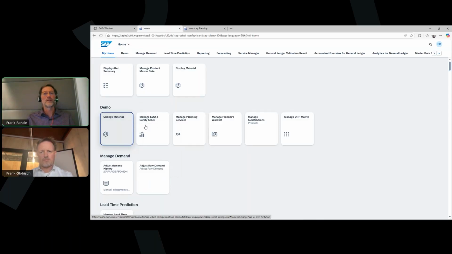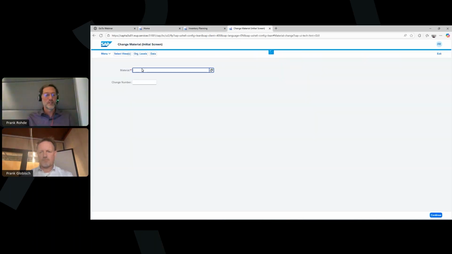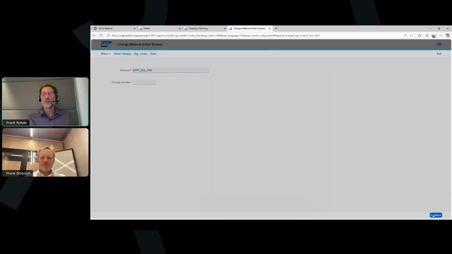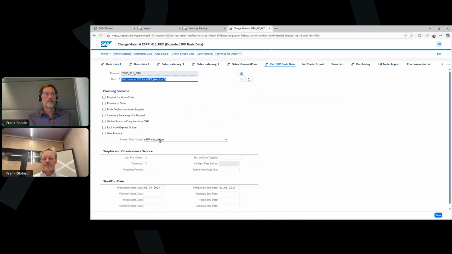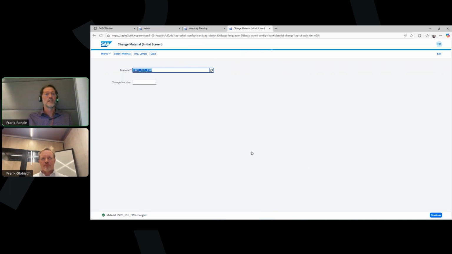So, we simply change the material eSPP 015, and all we need to do is switch one parameter from eSPP calculation inventory planning mode, that is a single echelon optimization, to multi-stage safety stock calculation service and we save it. So that is adjustable for each of the products.